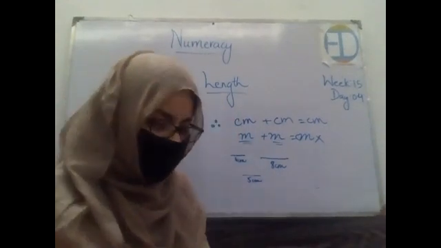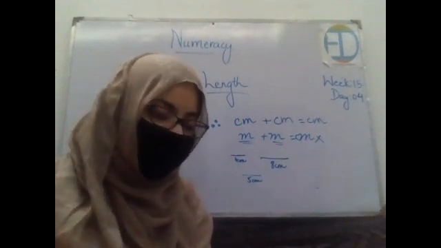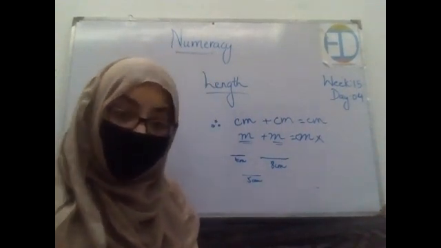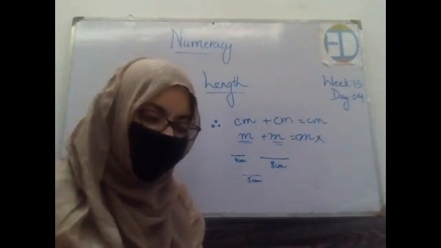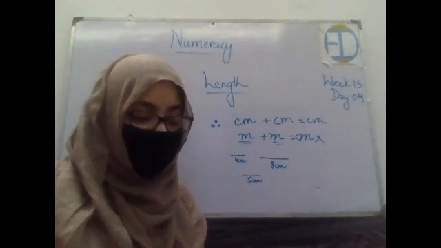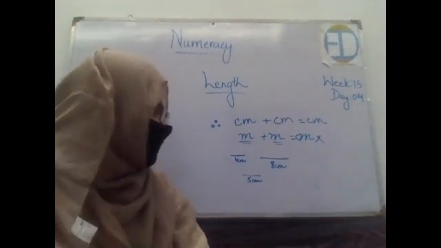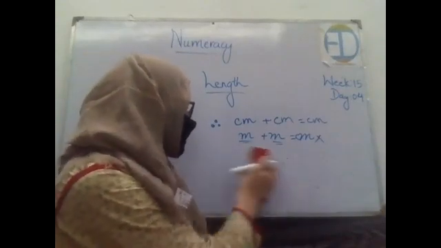Now let's solve this exercise. Harry is 97 centimeters tall. His father is 80 centimeters taller. So what is the father's height? He is 80 centimeters taller, so you will be adding 97 plus 80. So let's do this. 97 plus 80.